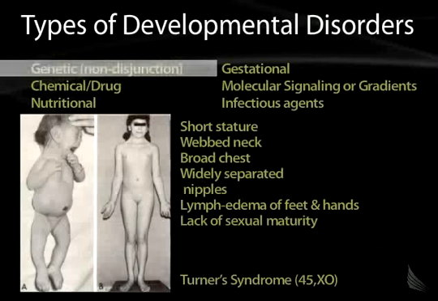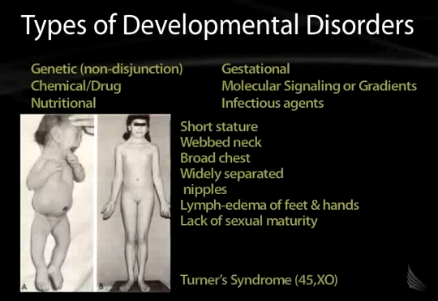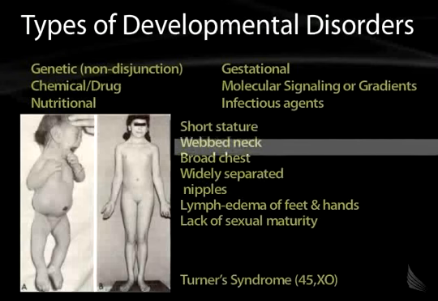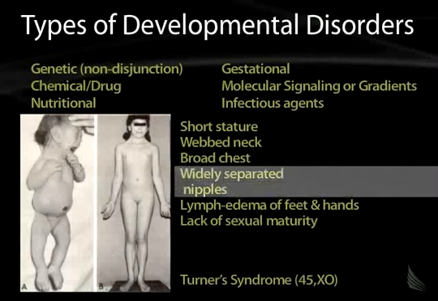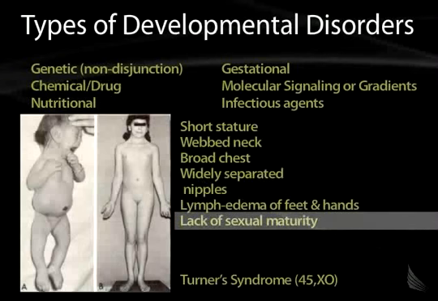Looking at a female genetic disorder, Turner syndrome is a common one that's tested on the USMLE. There's often a short stature and a webbing of the neck, a very broad chest plate, and widely separated nipples as a result of that, lymphedema of the feet and hands, and then a lack of sexual maturity.